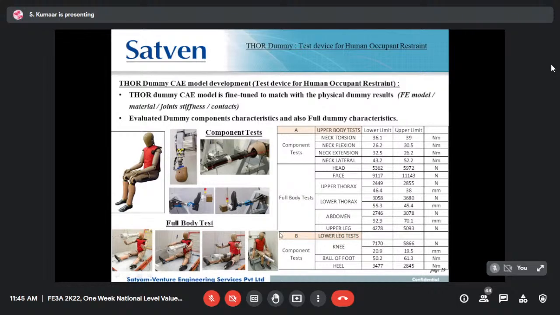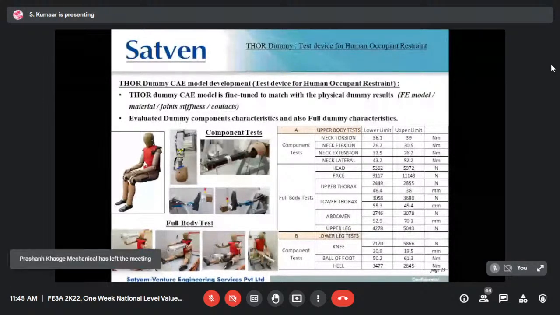As per the certification, we need to perform n number of iterations, and finally make a perfect FEA model. Once we have made the perfect FEA model, whatever response we get from it should match the physical test. Once we achieve that, then we can keep these dummies in the car during the crash. So before keeping the dummy in the crash, we need to do this many iterations and calculations.